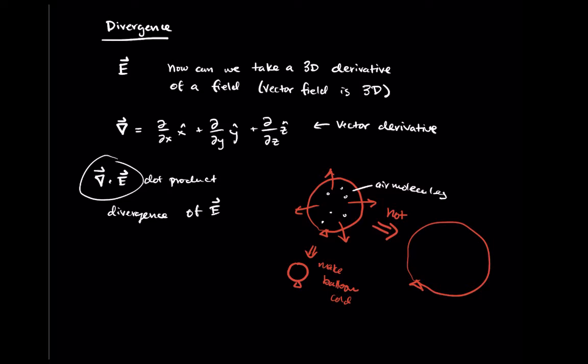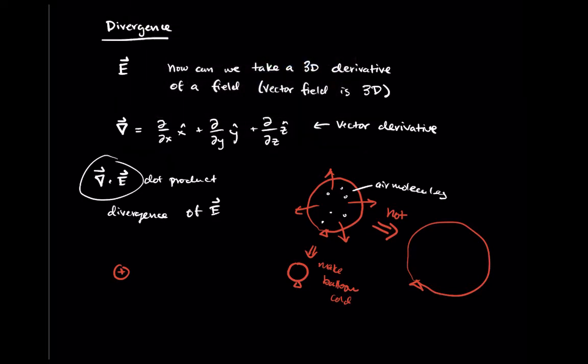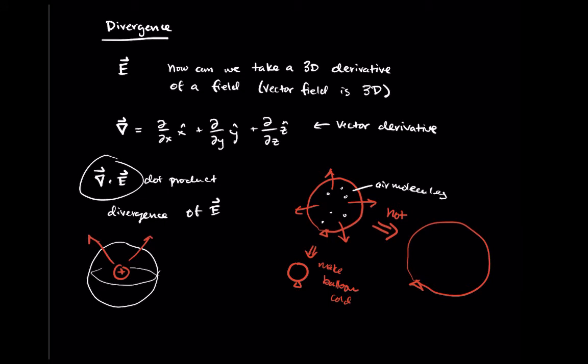So basically, anytime you have a source where vector field lines come out of it, you're going to have a divergence or come in. So the case where you have the positive charge inside the Gaussian surface and the negative charge inside the Gaussian surface, where all your vector lines point in or out, that's a non-zero divergence.